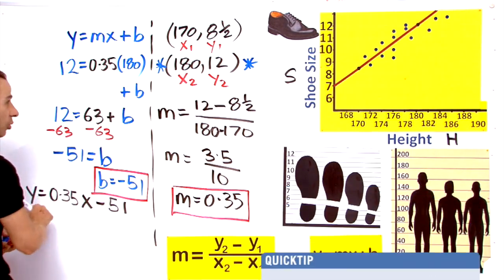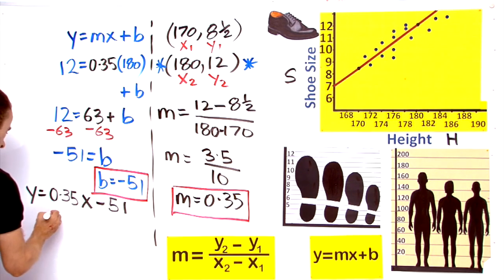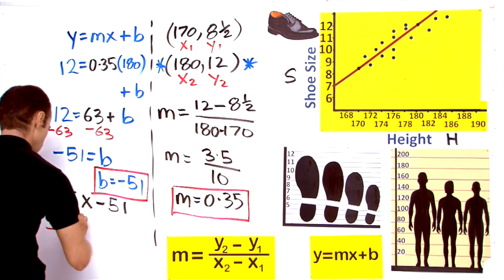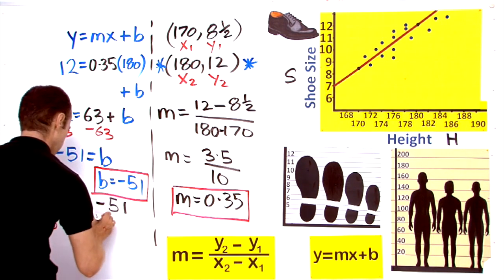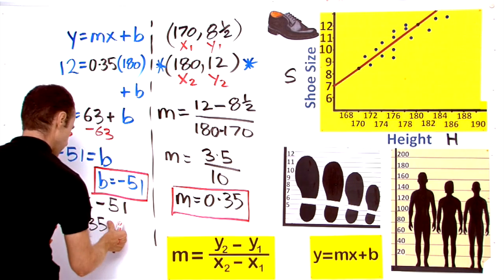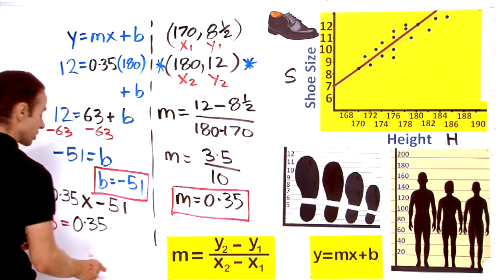So let's replace them. So y is s, so that means we're going to have s equals 0.35x, sorry, not x. So what's the horizontal?